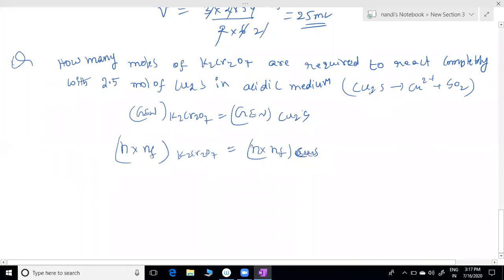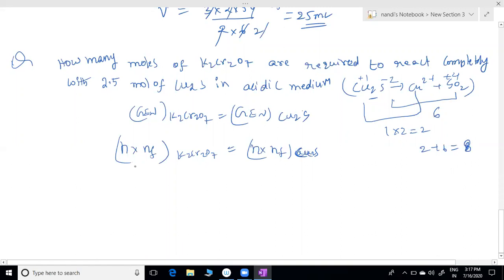Sulfur goes from minus 2 to plus 4, the difference is 6. Then copper goes from plus 1 to plus 2, a difference of 1, but how many coppers? 2. So the total n factor here is 2 plus 6, 8.